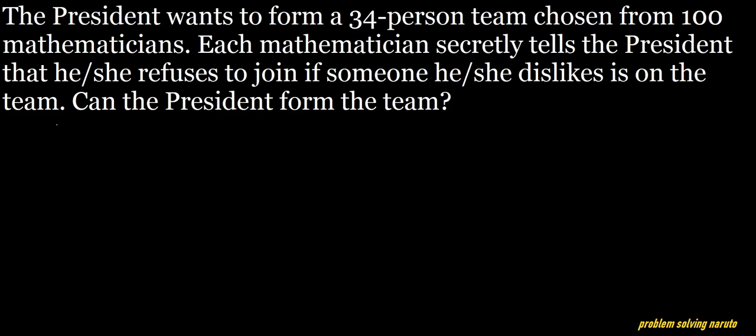We have 100 mathematicians, and each mathematician dislikes one person. I should stress that each mathematician only dislikes one person, only one. That is a key. So I have 100 mathematicians, let's call them M1 to M100.